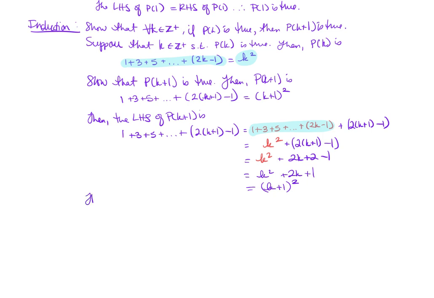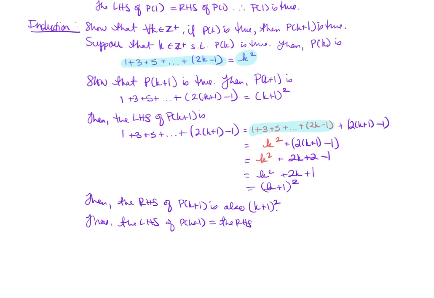We need to say then the right-hand side of P of k plus 1 is also k plus 1 quantity squared. Thus, the left-hand side of P of k plus 1 equals the right-hand side of P of k plus 1.